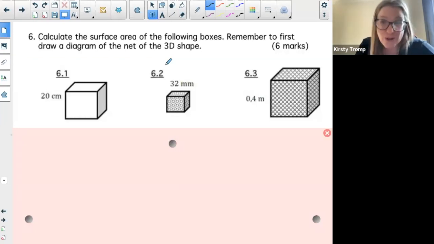Now, for some of you, you are doing quite well with not having to draw the net with a cube. If you can do it without drawing the net of the cube, then that's fine. We're going to see when we do the rectangular prism on Wednesday why it's important that we do draw the net. But go and have a look for me. 6.1, 6.2, and 6.3. Go and do the surface areas for those ones for me, guys.